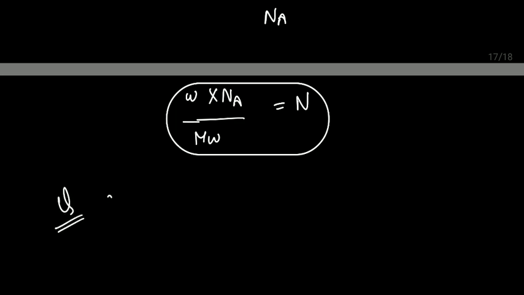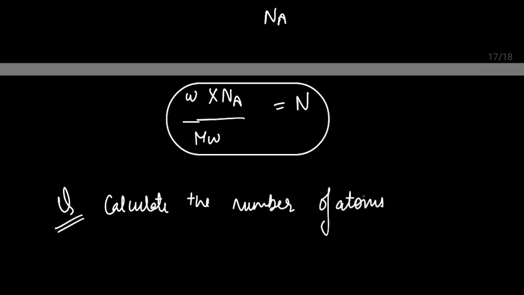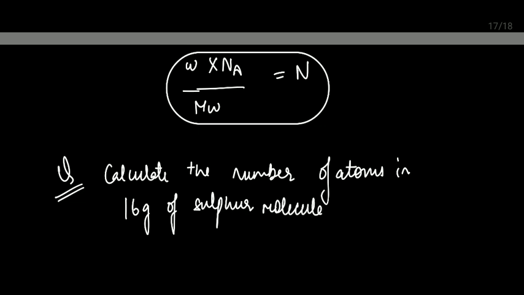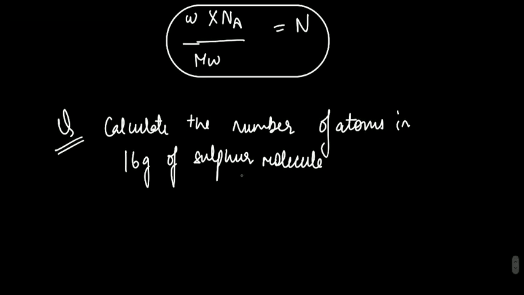So, calculate the number of atoms in 16 grams of sulfur molecule. Now, one thing we need to remember over here: sulfur molecule is octatomic.